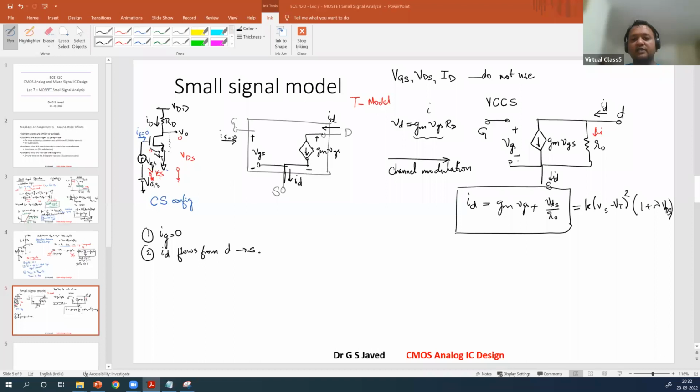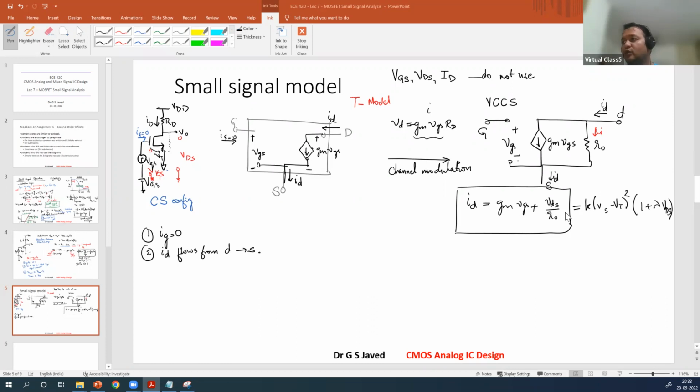How do you define a relationship between these two? In the transconductance, you know, ID is gm VGS. We just spoke about it. That is the small signal value. But when channel length modulation is taken into consideration, you will add a VDS by R0 factor. And this is dependent on the ID that is flowing.